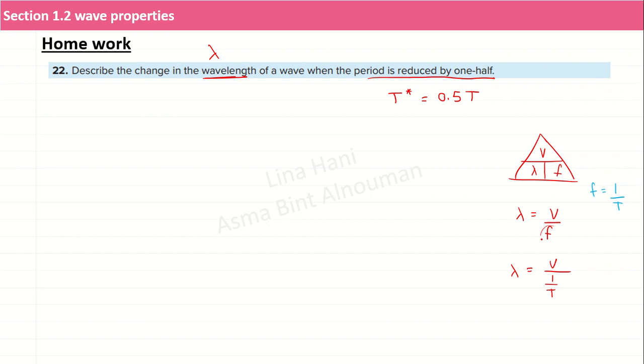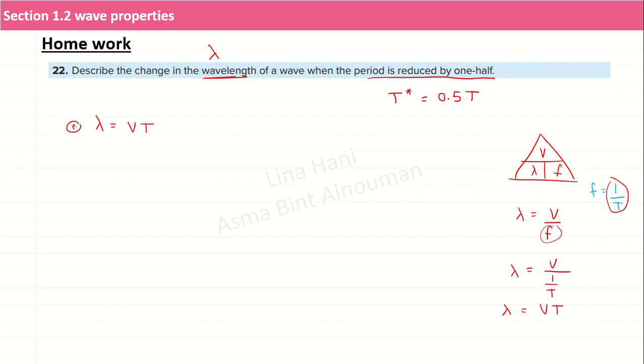I substituted instead of f what it equals to, which is 1/T. So that means that lambda equals v multiplied by T. Remember, division turns into multiplication. So this is the equation that links between lambda and T. Lambda is equal to the speed multiplied by the period.